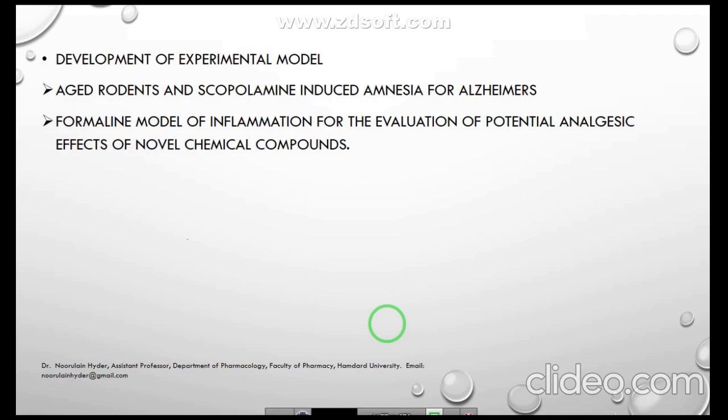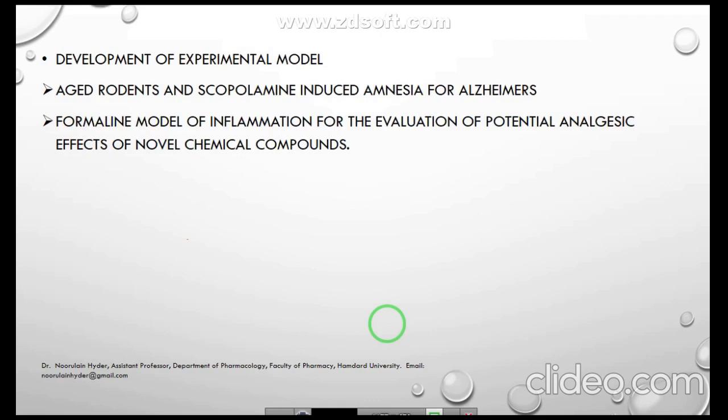Another model is a very popular model, that is formalin model. So the rodent formalin model is used as an acute and rapid in vivo screening study for the evaluation of potential analgesic effects of novel chemical entities.